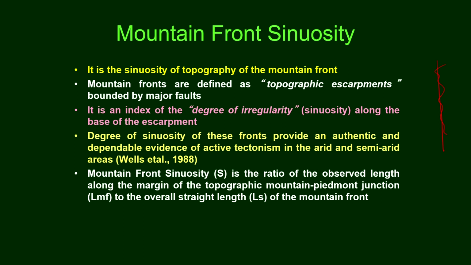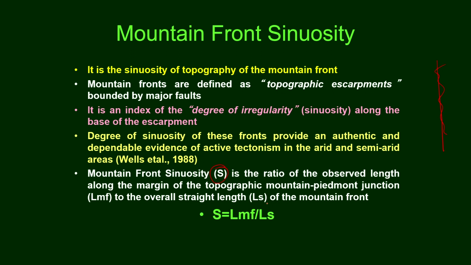Mountain front sinuosity is denoted as S, the ratio of the observed length along the margin of the topographic mountain front, that is the Piedmont junction, LMF, to the straight line length, LS.